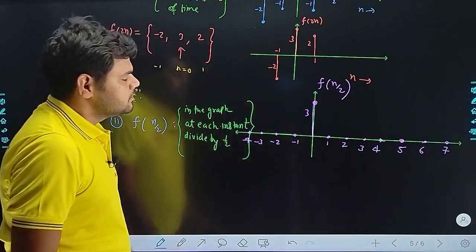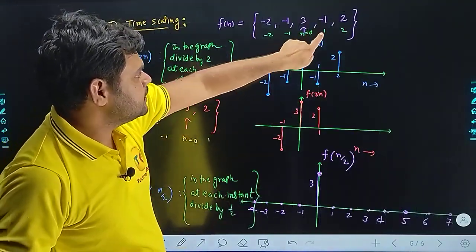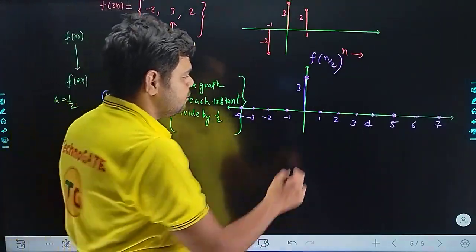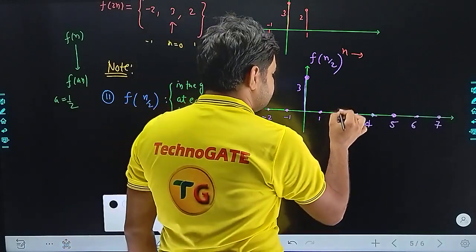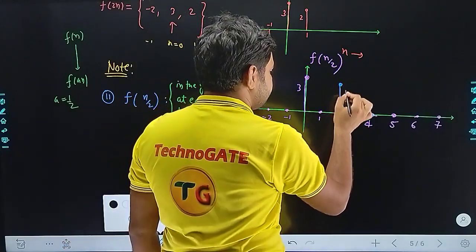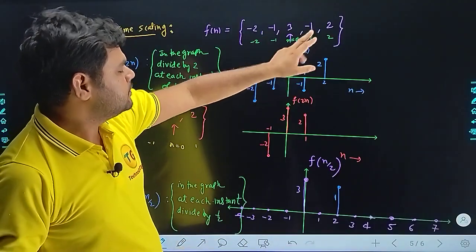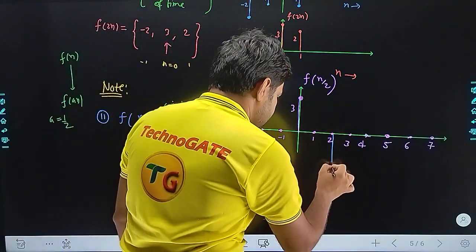If we are dividing it here by 1 by 2, obviously the sample which is present at n equal to 1 will reach at n equal to 2. So here the sample reaches at n equal to 2, which is having the value -1, I'm sorry, -1.